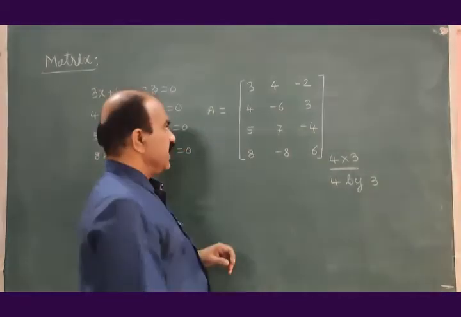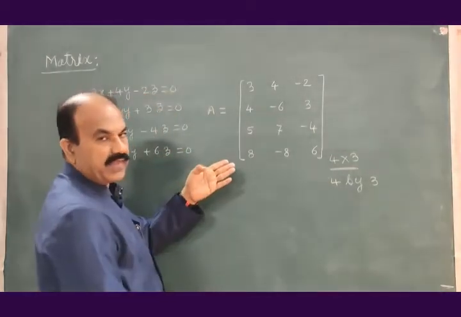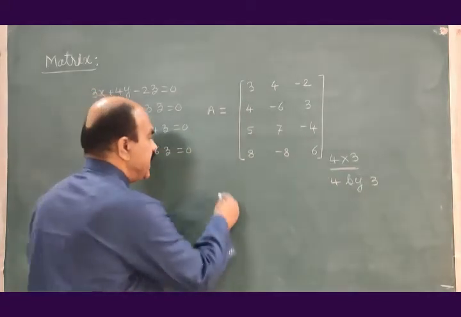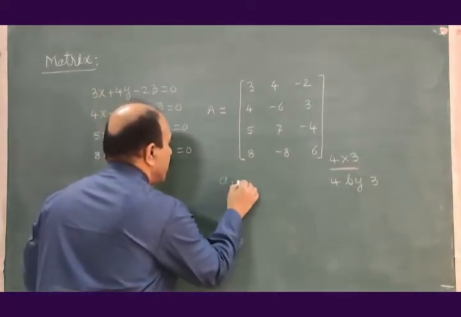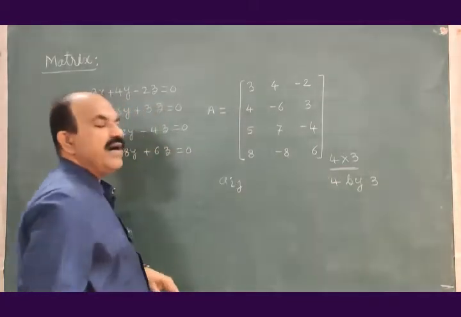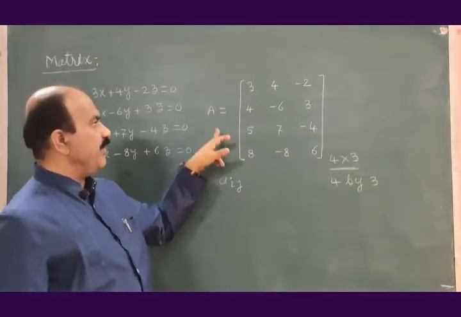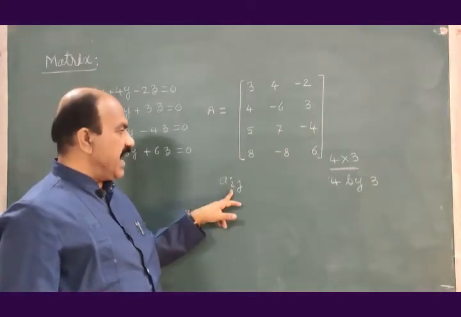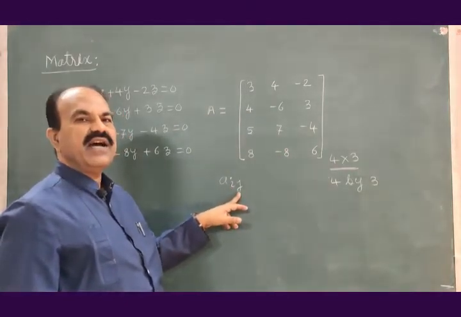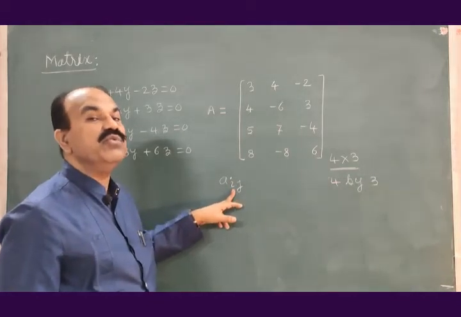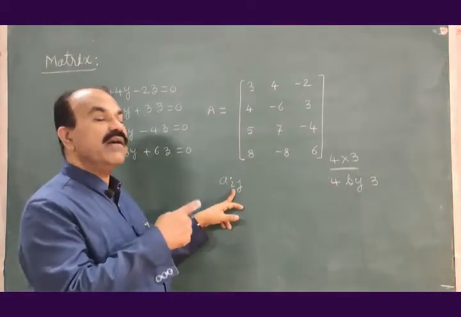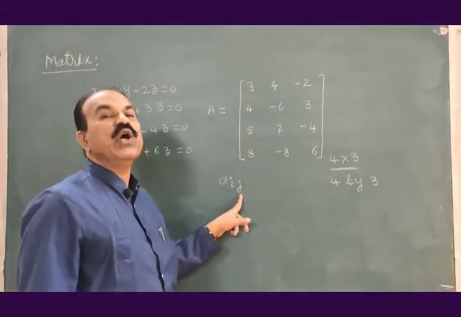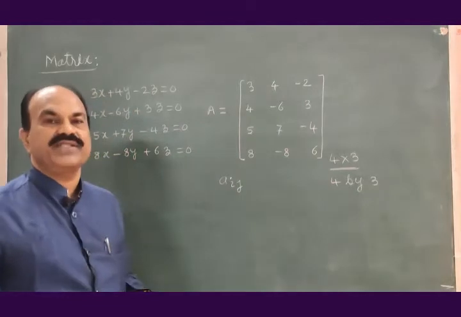For example, if I define here elements of matrix A as Aij, A for elements of this matrix capital A, i corresponding to the row number of this element, j corresponding to the column number of this element.